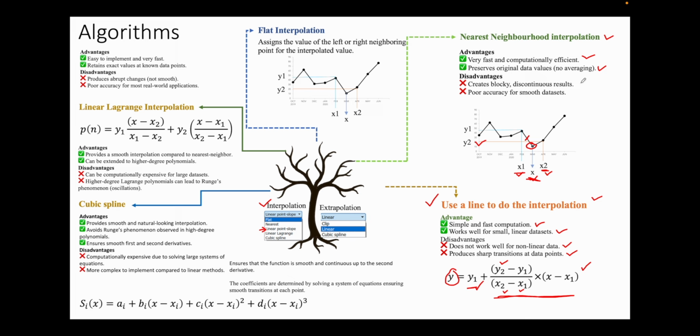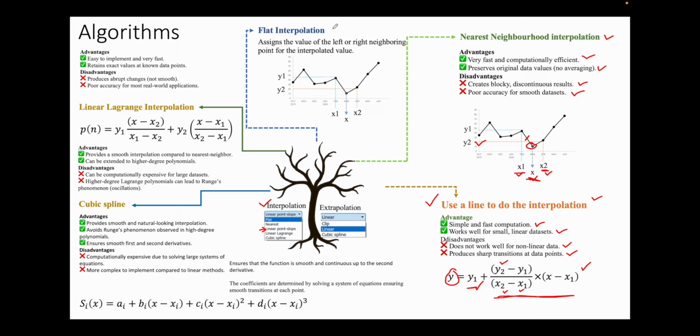The disadvantage is that for discontinuous data it is very difficult to predict, and it may give poor accuracy for smoother data. If the data is very smooth and has very close points, then at that moment it will not perform well. So if the data points are very close to each other, then in that case it is not a recommended one.